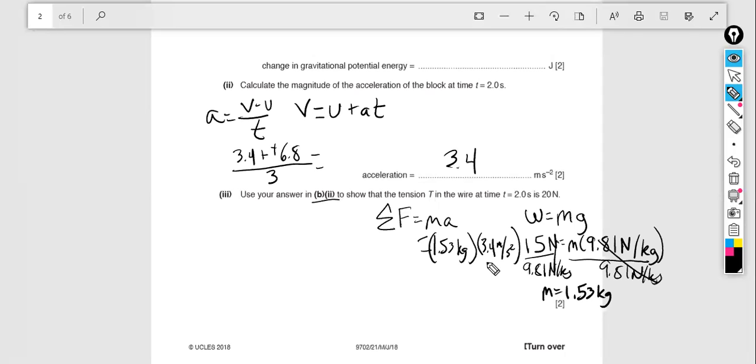So that's what the net force is. It's that product. All right. 1.53 times 3.4 equals. All right, so the net force that causes this acceleration is 5.168 newtons. Okay, now we need to show that the tension in the wire is 20 newtons.